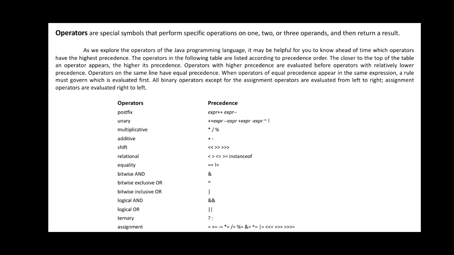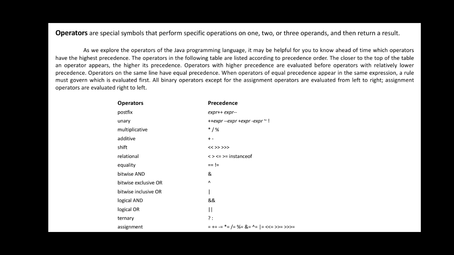Operators are symbols like plus, minus, into, divide, or modulus, as well as lesser than, greater than, lesser than equals to, greater than equals to. Whatever symbols you see on the keyboard, they are special symbols.